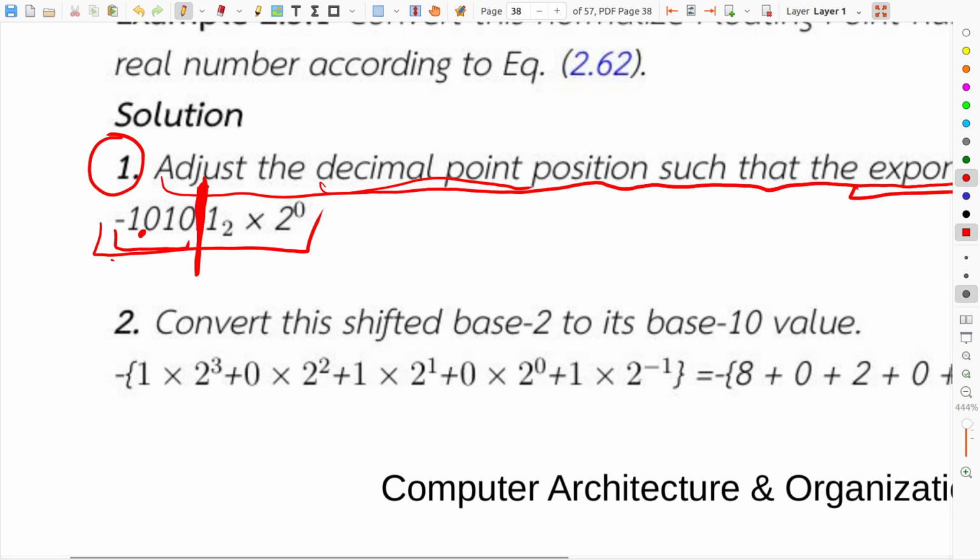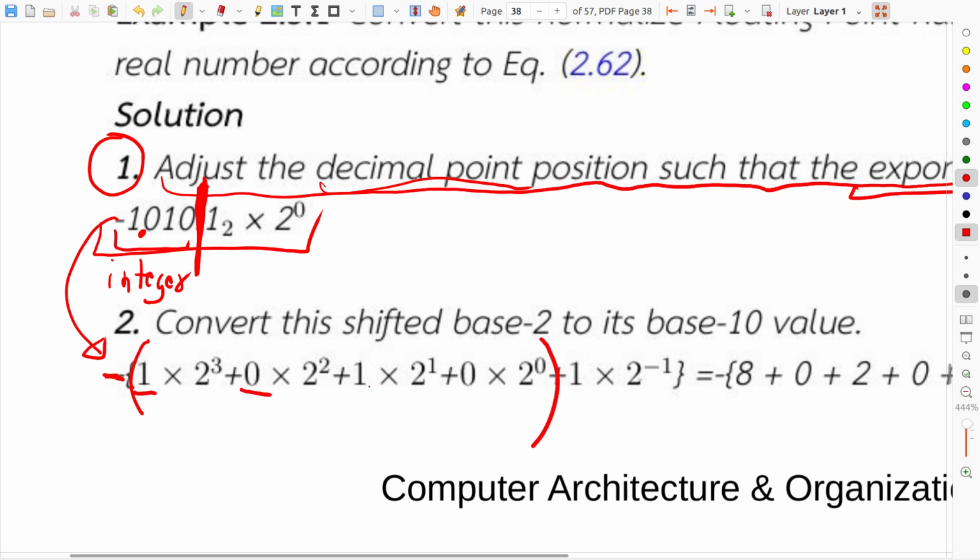This part is considered an integer, just like the fixed point number that we learned earlier. So it's going to be a minus sign, and the unsigned 1, 0, 1, 0.